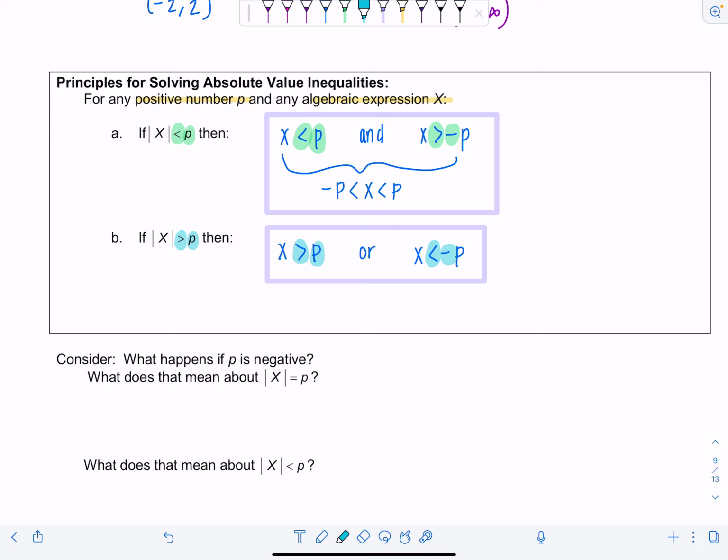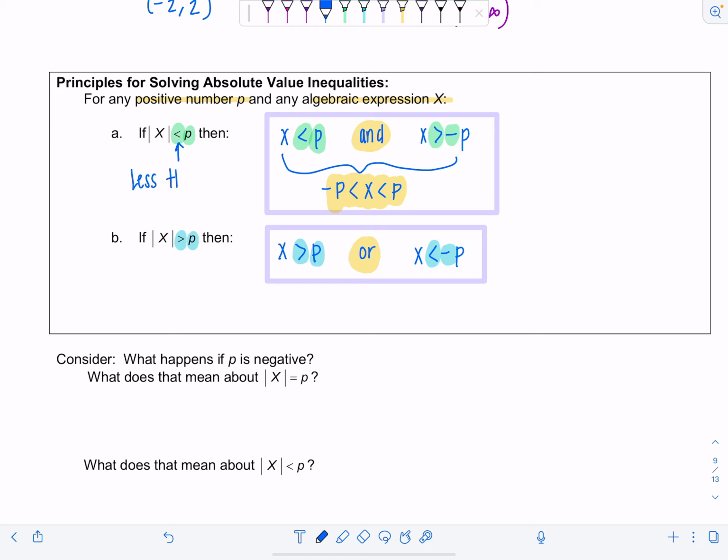Now I want to point out one other important fact. This first one had the word and between the two inequalities, which is why you're looking for the overlap, and that results in this case. The second one, we use or. How can you remember? Well, notice we had absolute value of x is less than p.